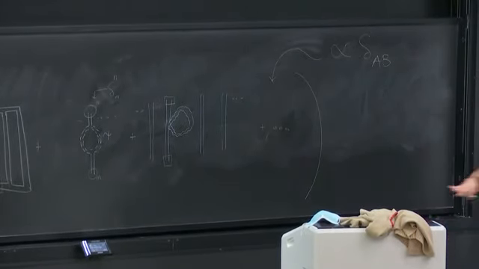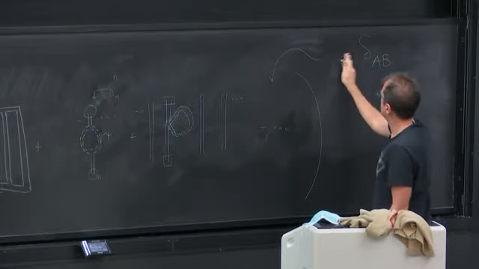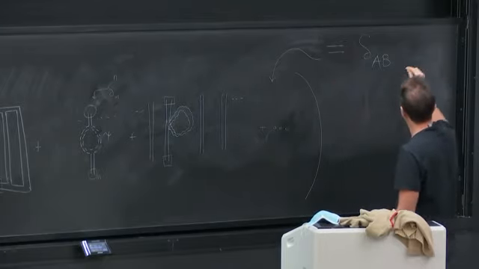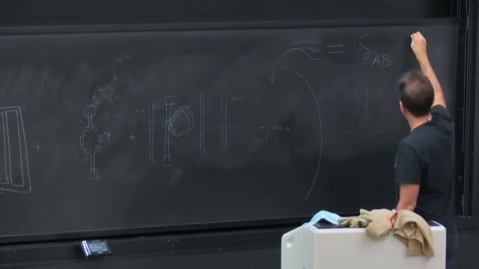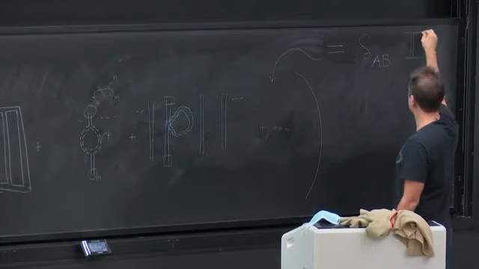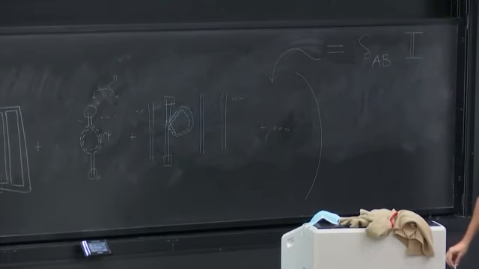Whatever is in the bottom, the one in the top must be the same. So they are equal to delta AB times something. Let's call it I, for incognito. But from the point of view of indices, it's proportional to delta AB.